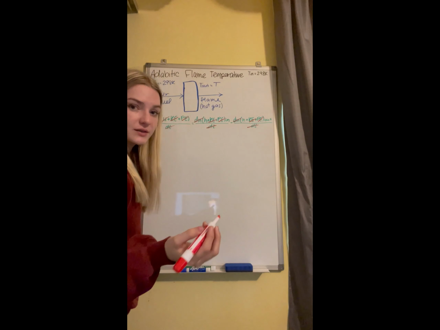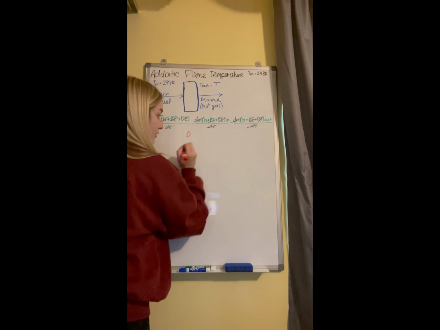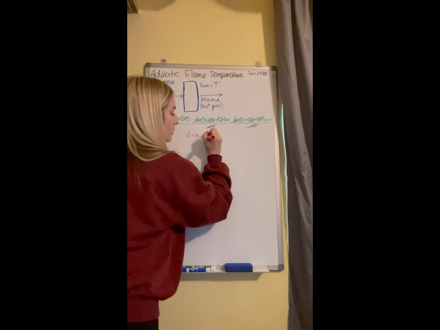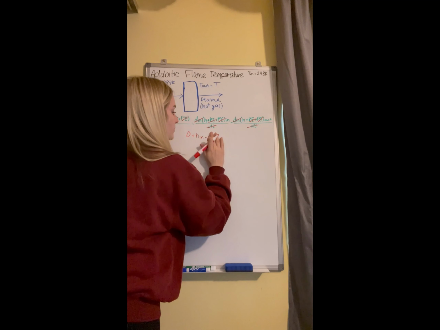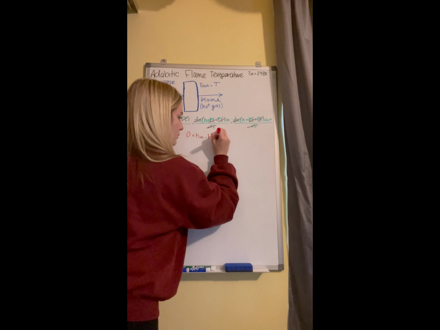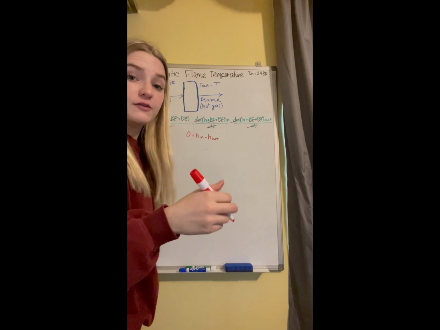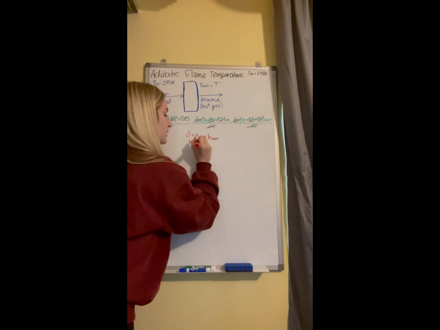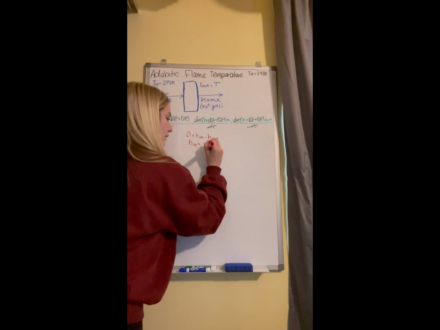So what are we left with? We are left with 0 is equal to enthalpy in minus our enthalpy out as all that we're left with. So now we can say that the enthalpy in is equal to our enthalpy out.